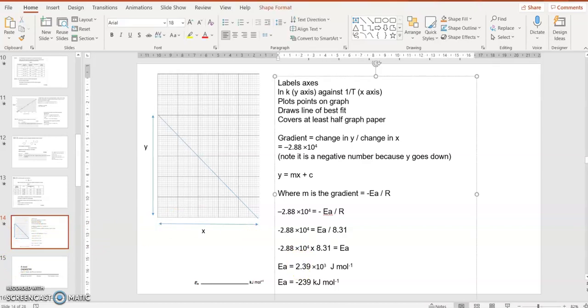So that should be a positive. That should be a positive. And the reason they're both positives is I've missed my minus EA off there. So a minus and a minus is a plus. I'll go over that this week if you need me to.